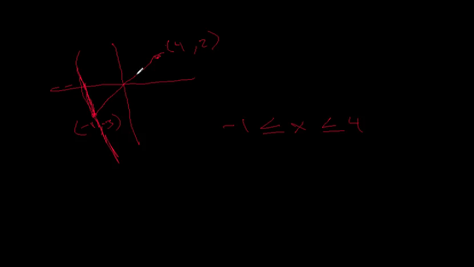But here's my question for you. If this is 4, could x be 3 then? Positive 3? Could x be positive 3? It could be positive 3, sure, because it's on the number line here. Well, we got 4 here, so that means 3's got to be here.